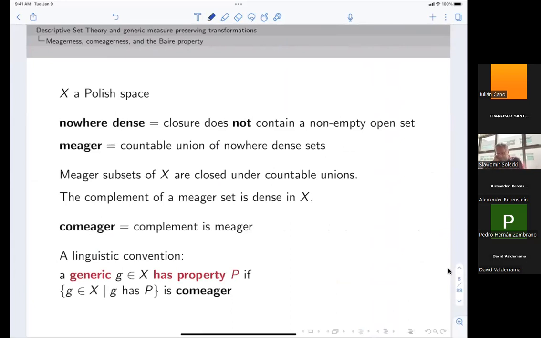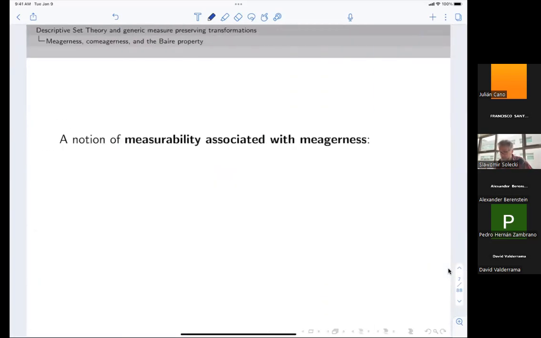Given a space X and a property P of points of X, I will say that a generic element of X has property P precisely when the set of elements having the property is comeager in X. There are various other notions of being comeager, but we have this simple one in mind, and I will not change it throughout the talk.